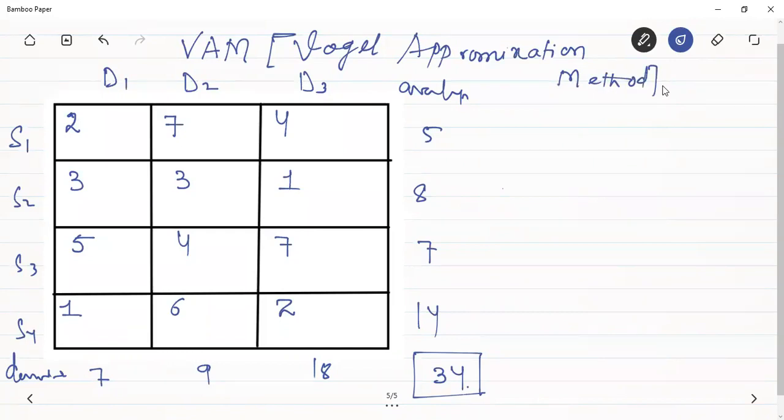So what does this method dictate us? Okay, northwest, you can see that was based on the position. Another method we saw, the least cost method, that was based upon the cost. ठीक है, किसका सबसे कम cost है. लेकिन ये जो method है, it is based upon the penalty. This method is also sometimes known as what? Penalty method.